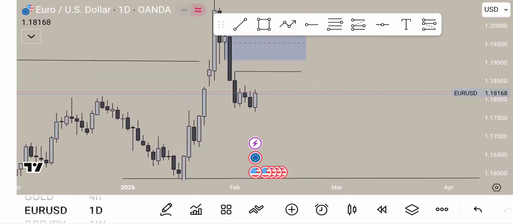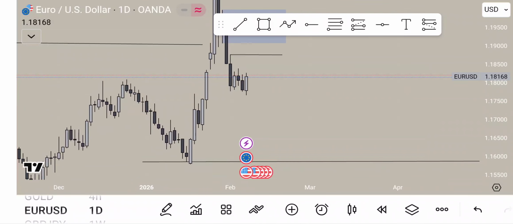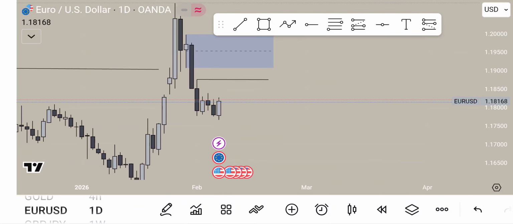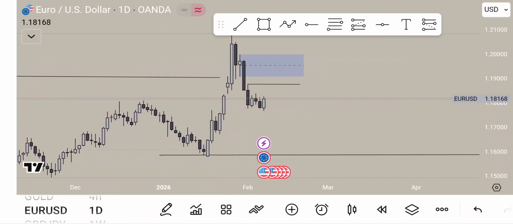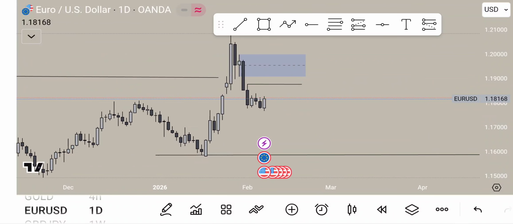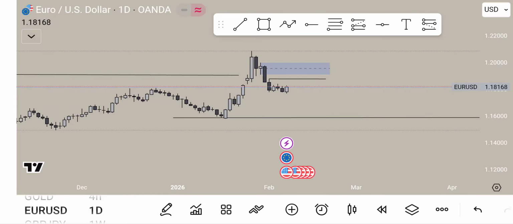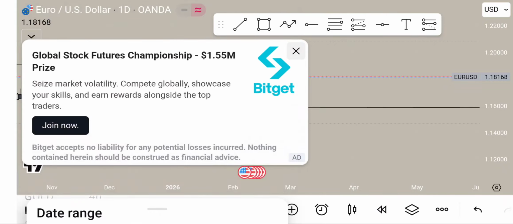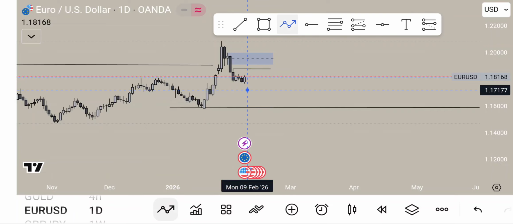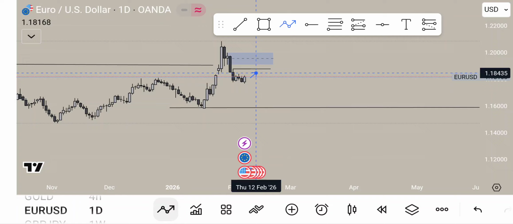There is a demand zone there on the daily. What do we expect? The weekly and monthly cleared liquidity. The weekly showed strong sellers entering the market, and the daily is still aligning bearish. What do we expect from next week? I expect the market to open next week and retest this fair value gap.